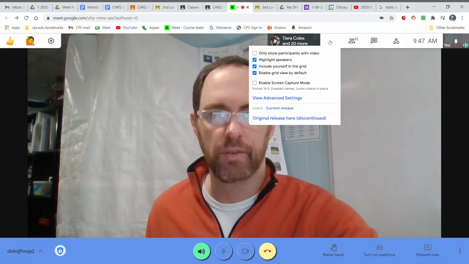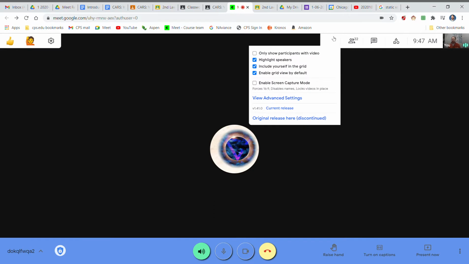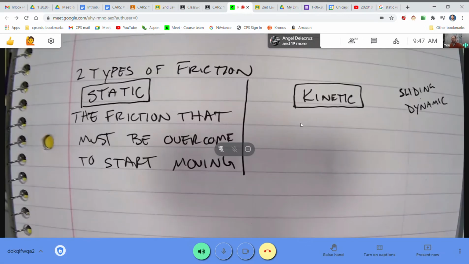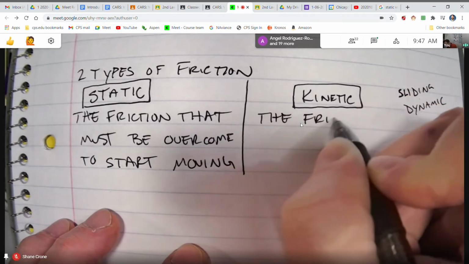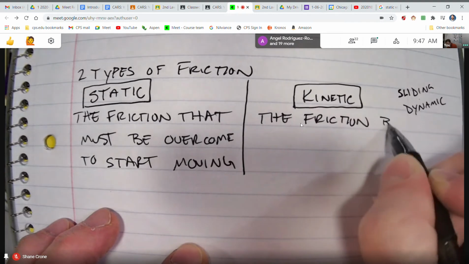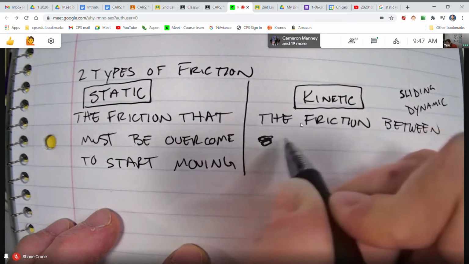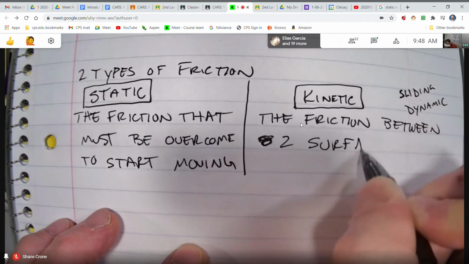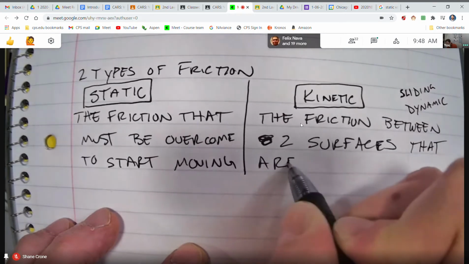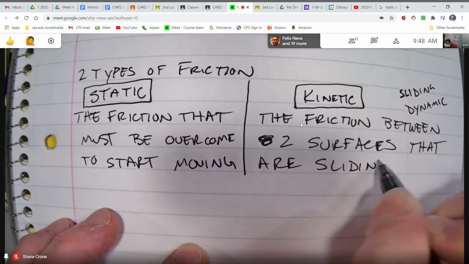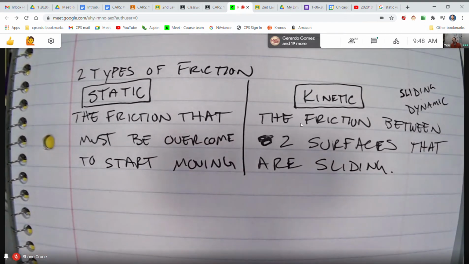So let me flip back and give you the rest of this definition. There we go. Okay. I'm sorry, I'm doing things so that the video is going to show nicer for you guys. All right, so kinetic friction is the friction where the word kinetic means moving.